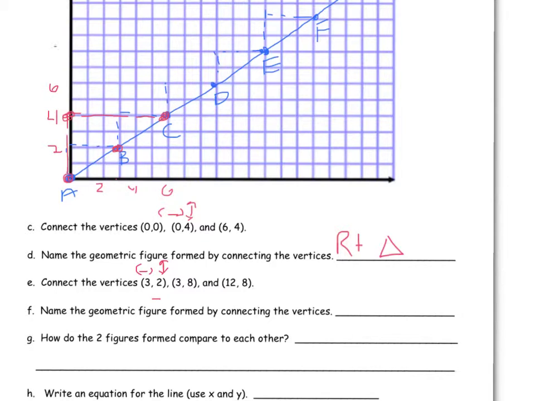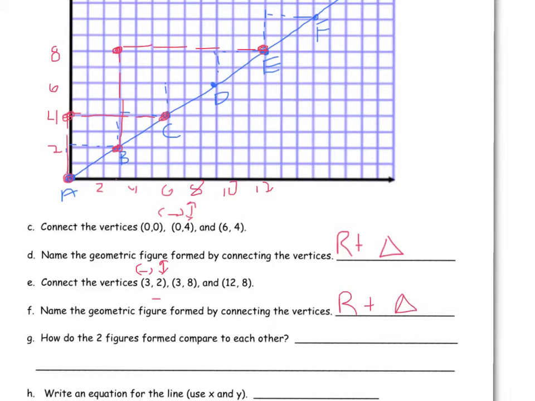And so over 3 up to 8, and then 12, so we have 6, 8, 10, 12, and 8, which would be right there. So here is another right triangle.